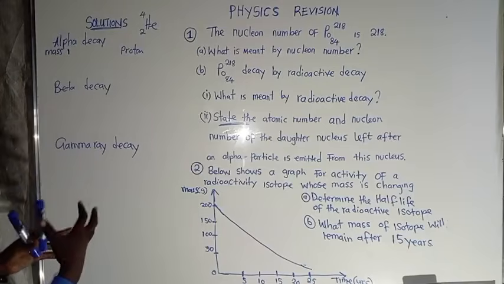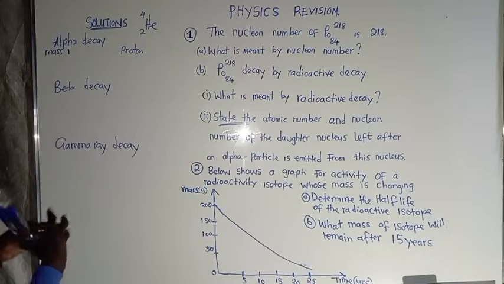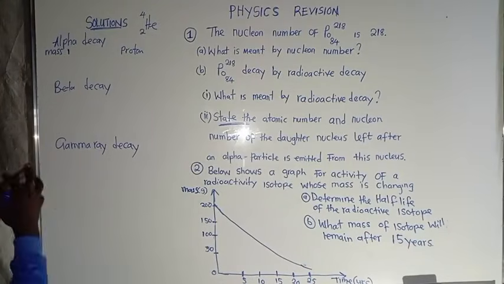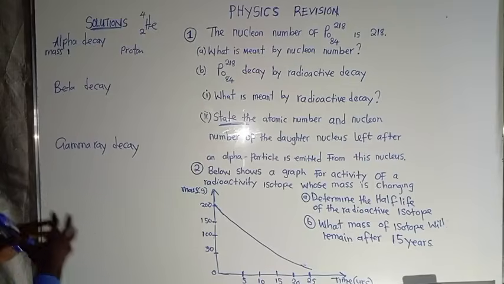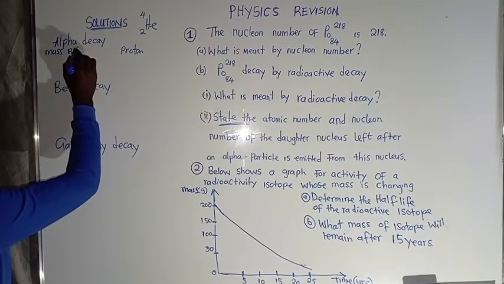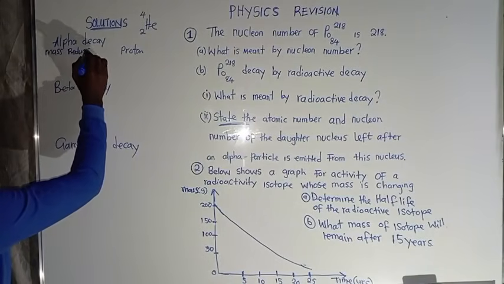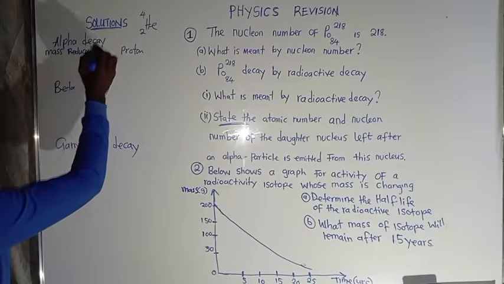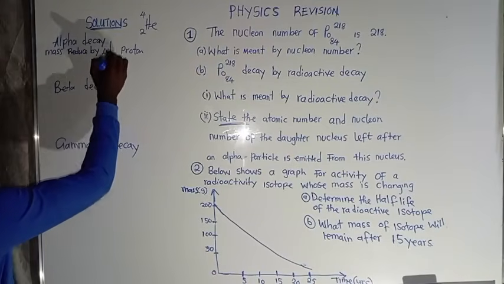What you need to know and understand is that when an unstable nucleus breaks down and emits an alpha particle, the mass number will reduce by 4. This is what you need to know.